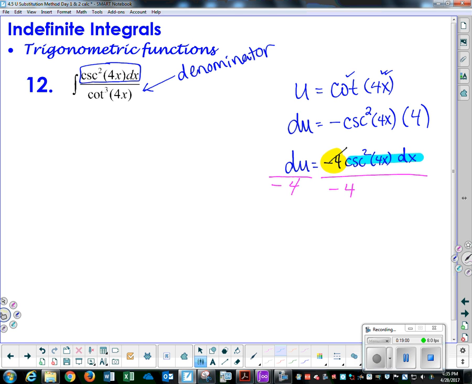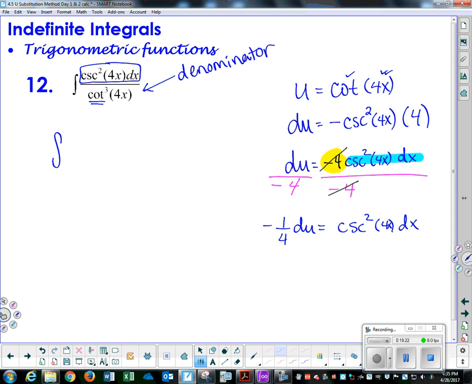If I divide by negative 4, it'll cancel on my right side, and I'm going to have negative 1/4 du is equal to a cosecant squared of 4x dx. And now we may go back over to our problem and start putting things in place.